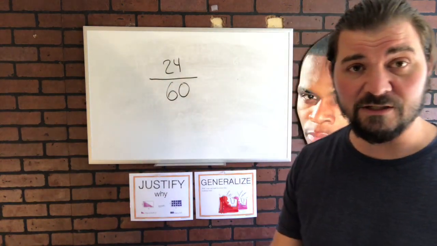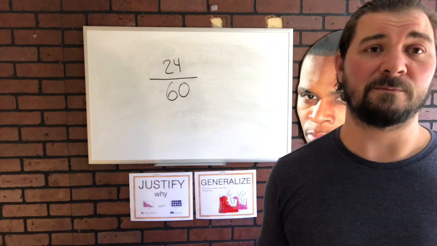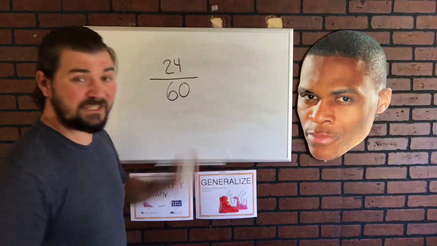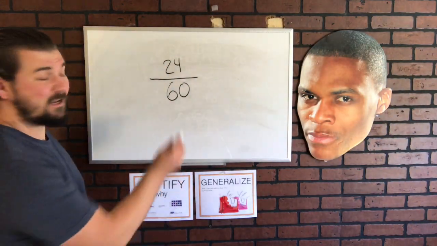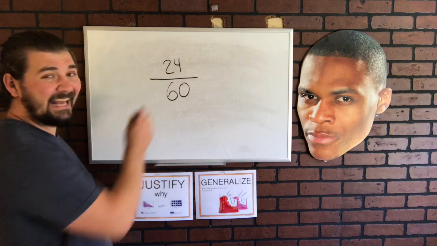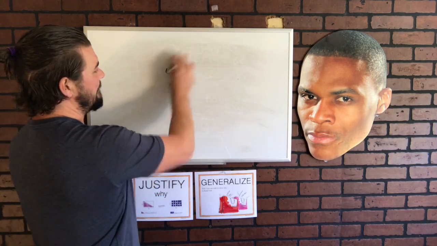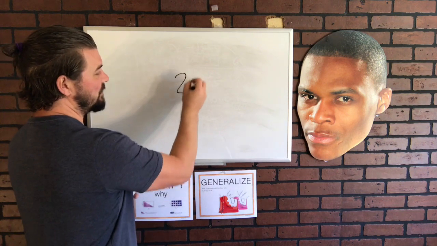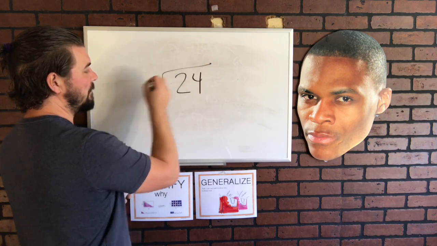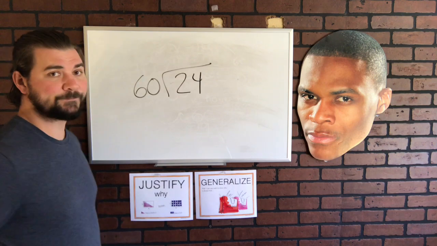And all fractions are division problems. So we go back to this division problem here, and this tells me 24 divided by 60. So I can create the problem and rewrite it as 24 and 60.